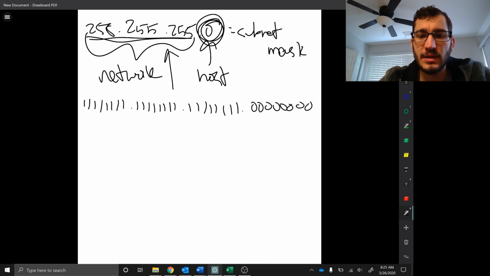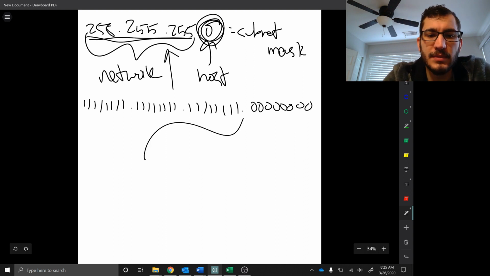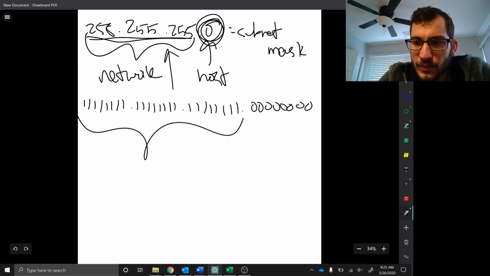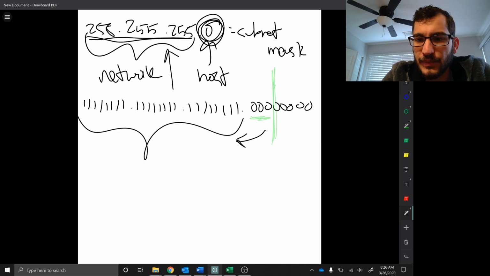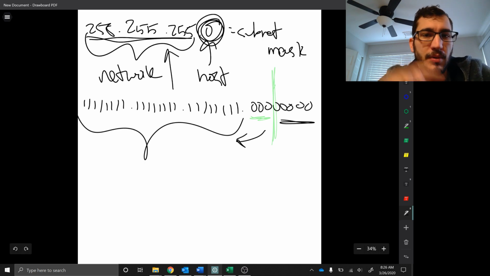In order to create a subnet, we keep this as it is, and then we start borrowing these bits. We'll actually divide it into something like this, where these three bits join the network portion here, and these 5 bits become part of the host.